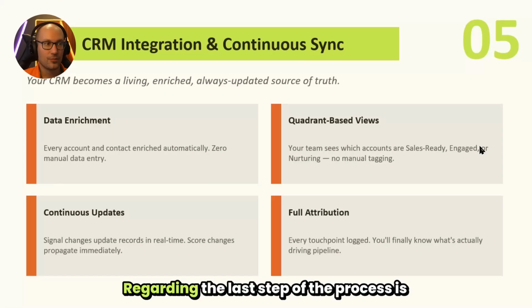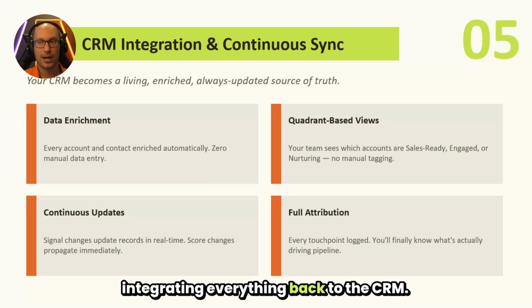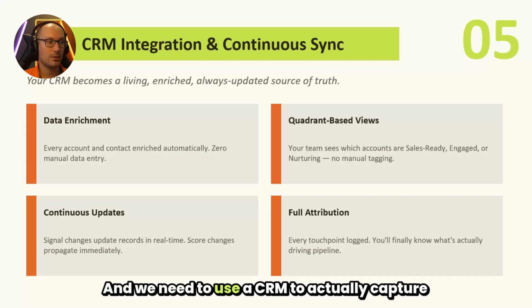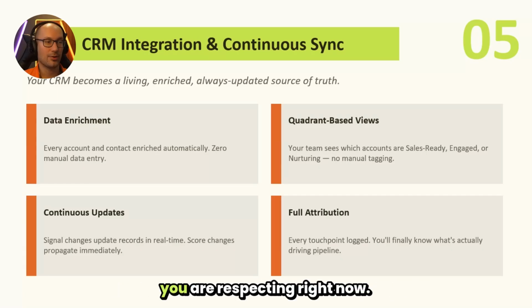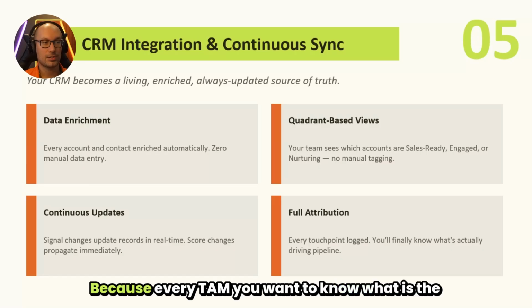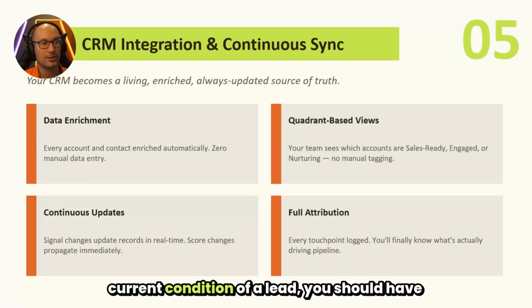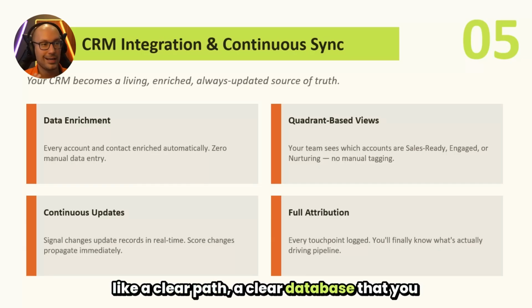That would be great. Regarding the last step of the process, it is integrating everything back to the CRM. We need to use a CRM to capture the leads that are aware of your brand, the leads that you are prospecting right now, because every time you want to know the current condition of a lead, you should have a clear path, a clear database that you can check.